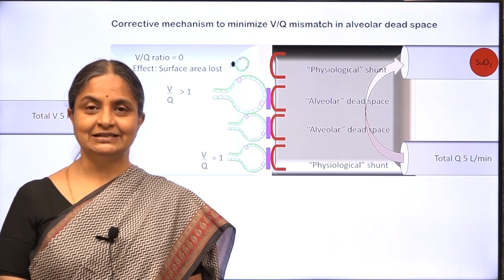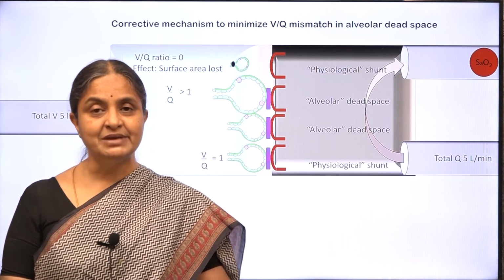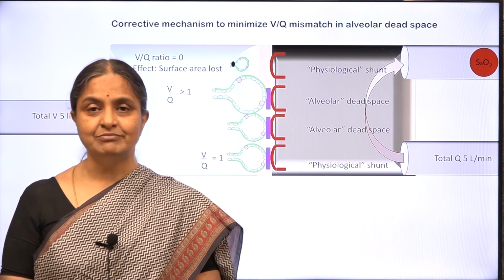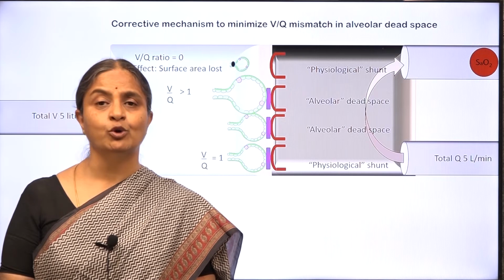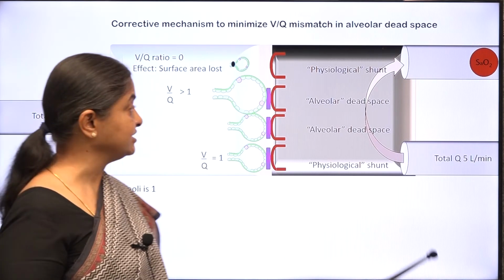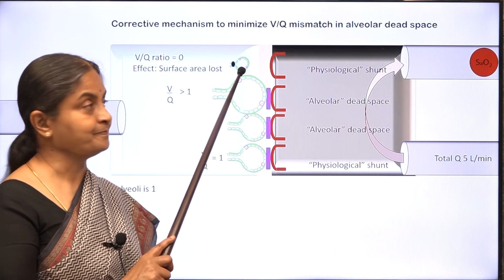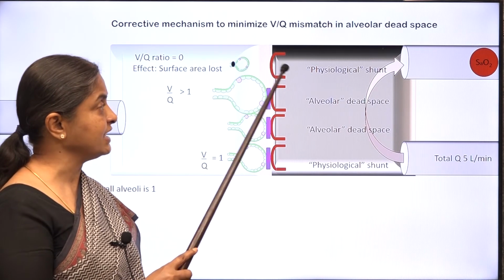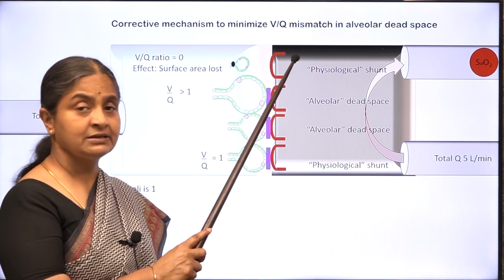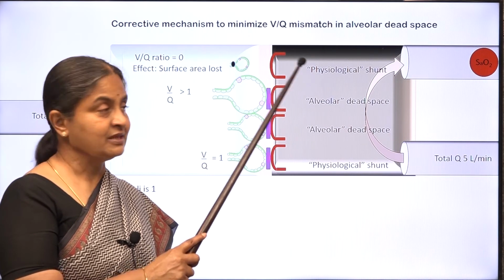We will now consider some interesting corrective mechanisms which attempt to minimize VQ mismatch when there is some local pathology. The best known corrective mechanism is, if there is an alveolus which is collapsed, then there is no oxygen there, the blood that comes here does not get oxygenated.